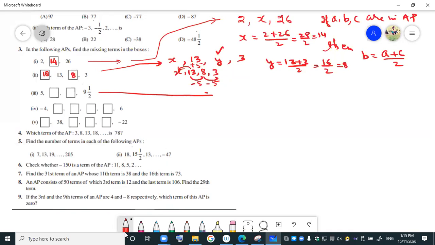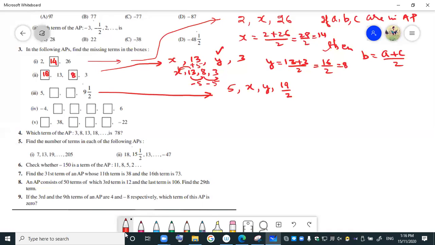Here two terms are missing. So 5, then x is missing, y, and 19 by 2 we can write. Now here, what will you do?